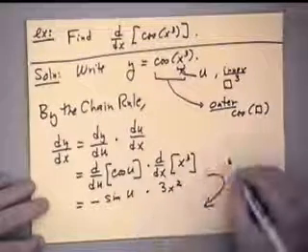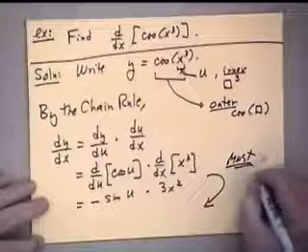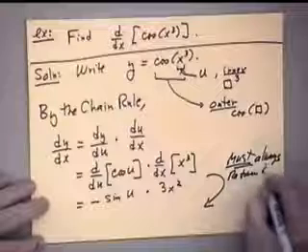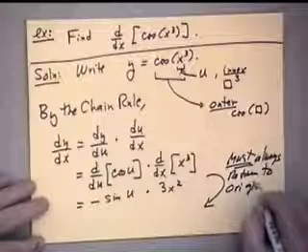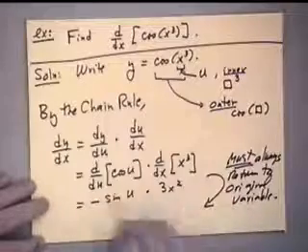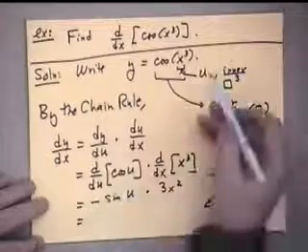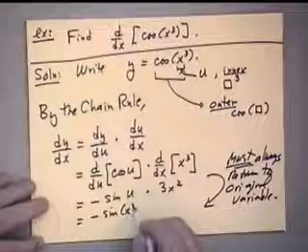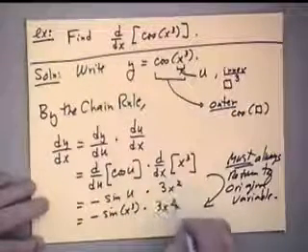In all of these problems, you must always return to the original variable. The problem started with x's, it has to end with x's. So I will replace u here, u is x cubed. So I have minus sine of x cubed times 3x squared.